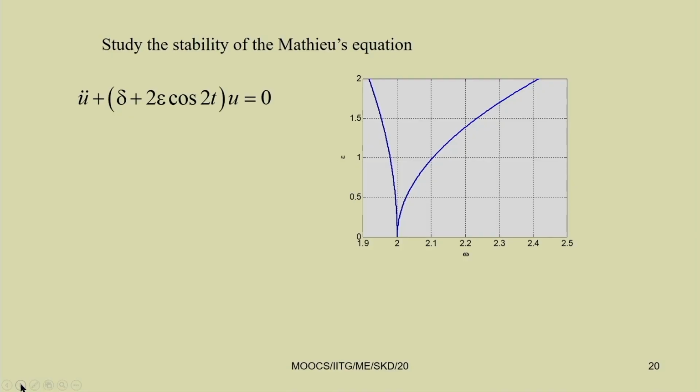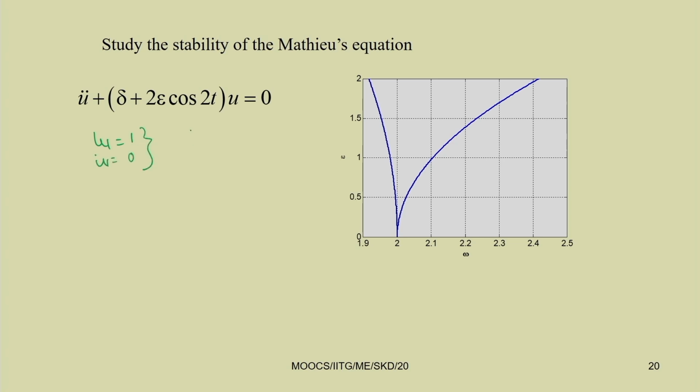Let us take the case of the Mathieu equation. Here you note that this equation can be written in this form, the Mathieu equation. P(t) we are replacing by delta plus 2 epsilon cos 2t, acting on u. Taking the initial conditions u1 and u2, after one cycle we can find the response. For example, let us start with u1 equal to 1 and u1 dot equal to 0.